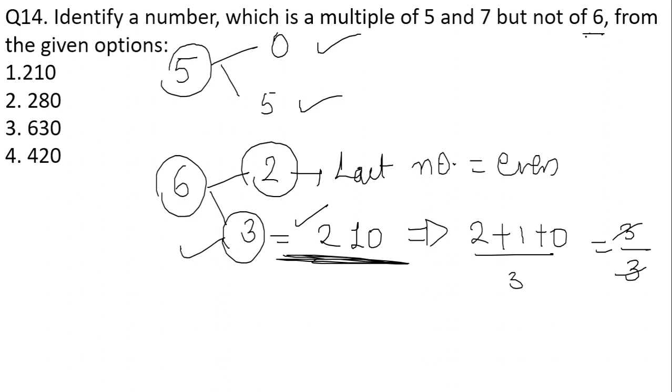But what does the divisibility test of 6 say? The test of 2 should be followed, as well as the test of 3. But in the case of this particular number, it follows the divisibility test of 2 but does not follow the divisibility test of 3, hence it does not follow the divisibility test of 6 as well. Hence the correct answer is option number two.